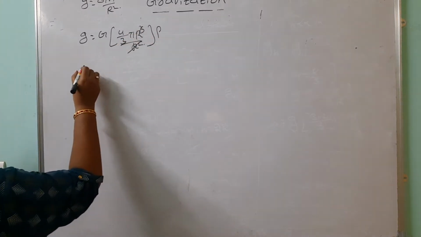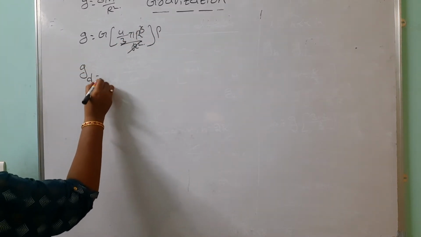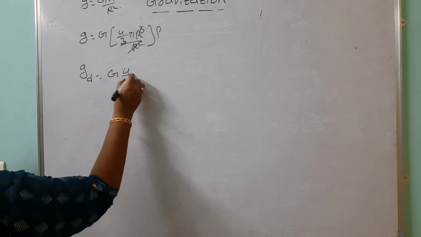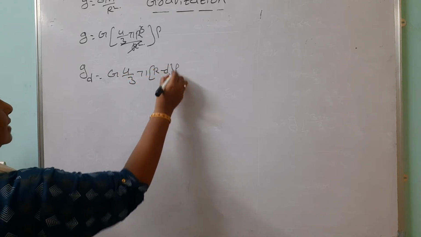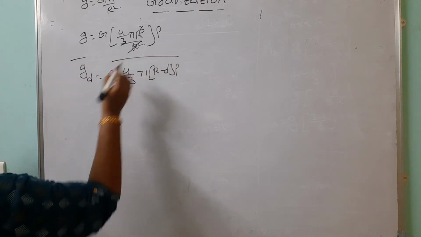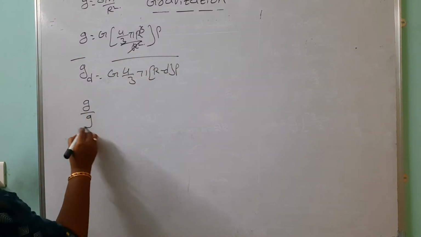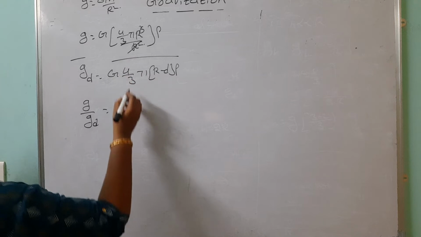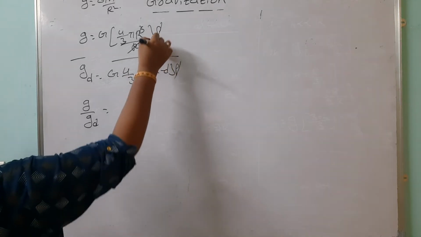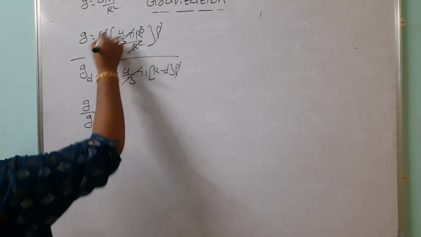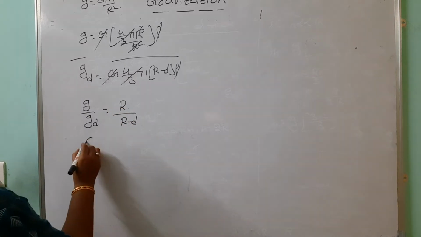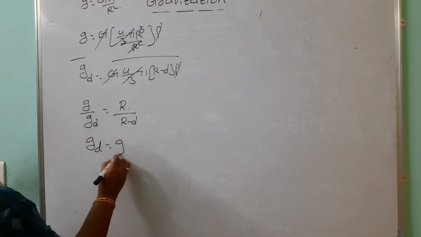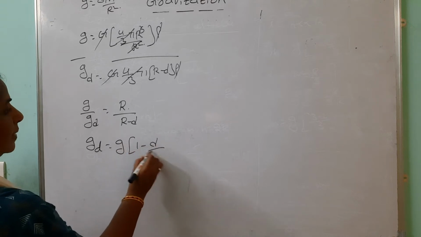This one cancels. So g_d, when we go to depth, is G into 4/3 into pi into (R minus d) into density. When we take this ratio, all constants are cancelled. g by g_d, the density also cancels, 4/3 cancels, and simply you get R by (R minus d). So g_d equals g into 1 minus d by R.